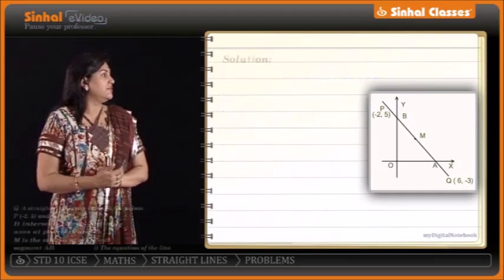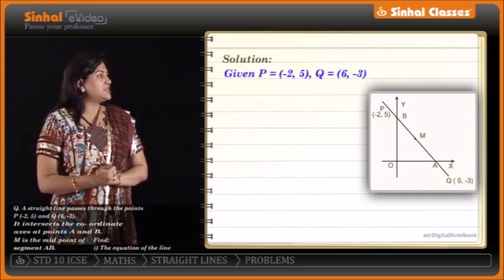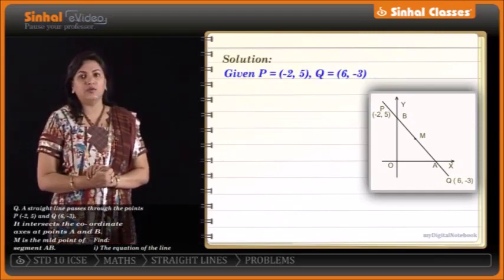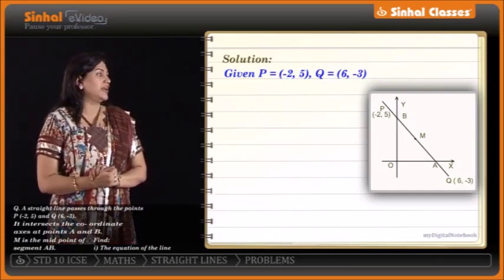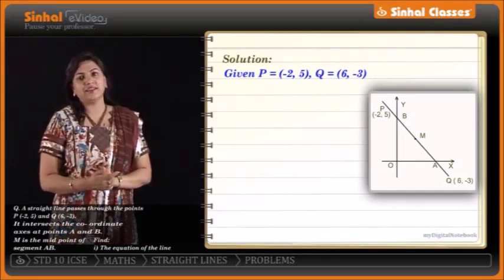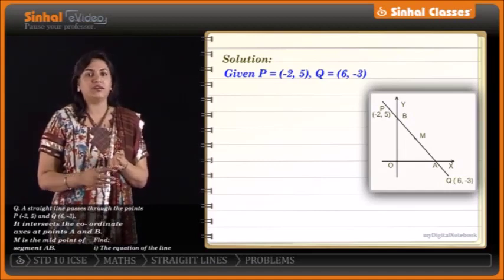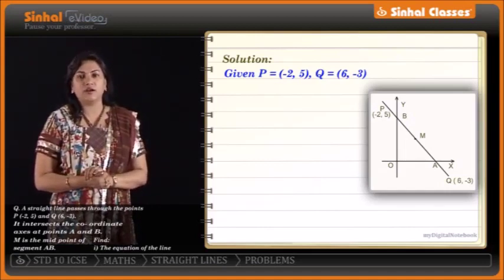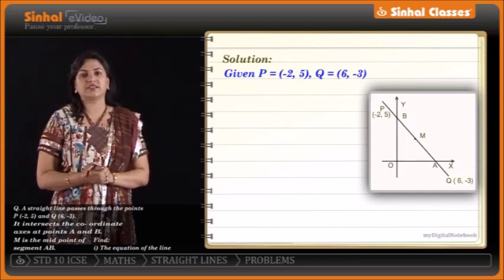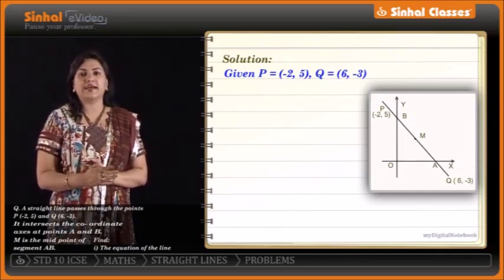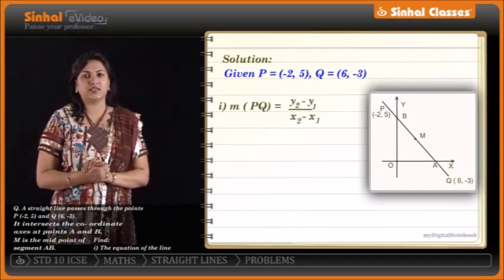Now here we are given the points P and Q. Now we want to find the equation of the line. To find the equation, we need the slope of the line PQ and one point, which could be either P or Q. So let's find the slope of PQ. That is (y2 minus y1) upon (x2 minus x1).